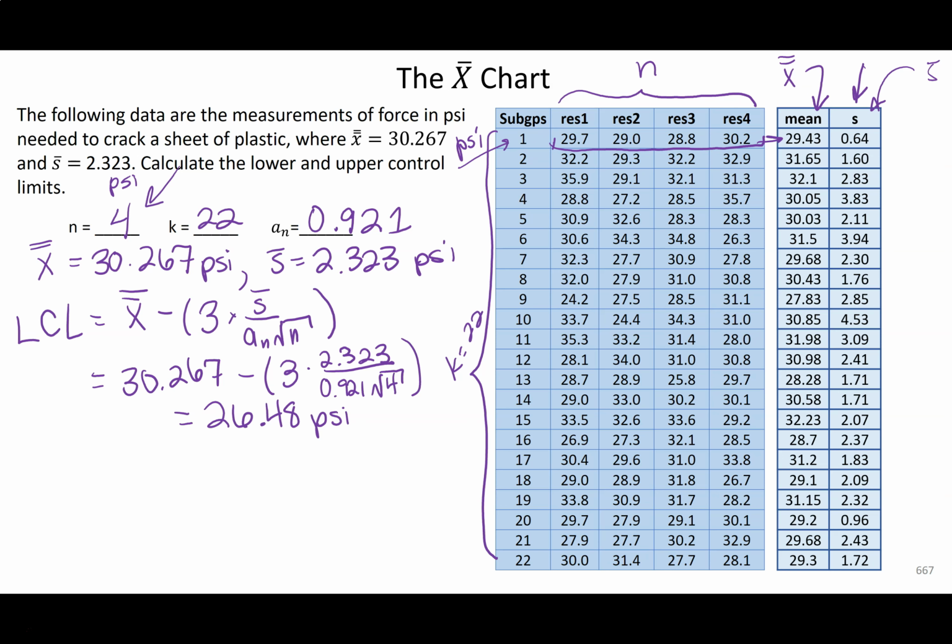So if I'm seeing things below this, this might be some cause for some concern. And then I'm going to do the same thing for the upper control limit, except I'm going to add instead of subtract.